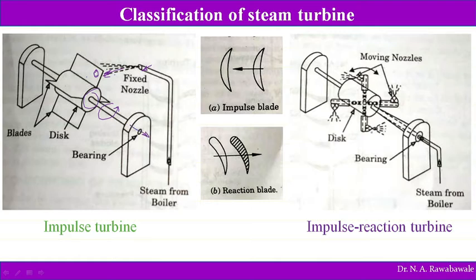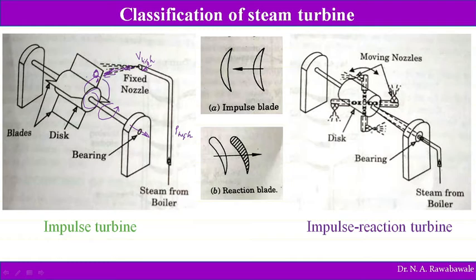So this is how the force applied on the blade is produced, because of the impingement of steam which comes out of this nozzle. Very high pressure steam is passed through this nozzle. There the pressure is converted into velocity, and very high velocity steam comes out and strikes the blade and makes it rotate.